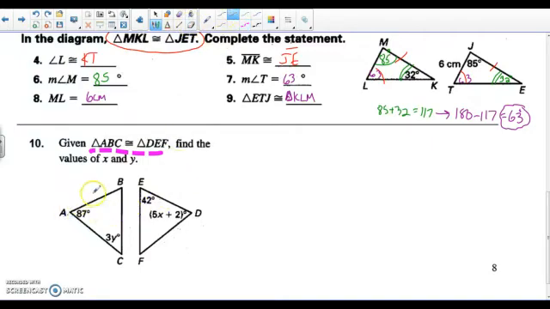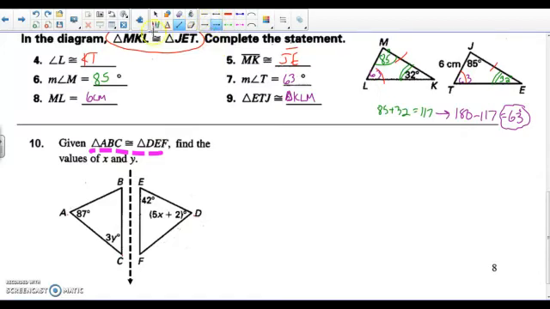So A matches up with D, B matches up with E, and C matches up with F. If we think about a rigid motion that can map this triangle onto the next one, this would actually be a reflection. We talked about how the orientation flips, right? So B matches to E, A matches to D, and C matches to F.